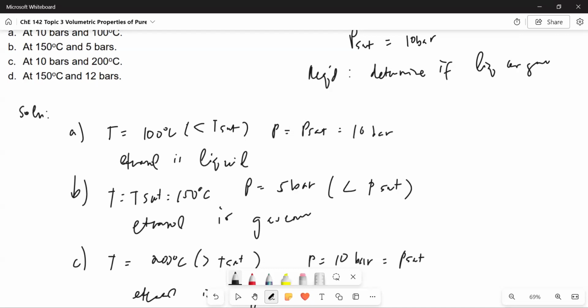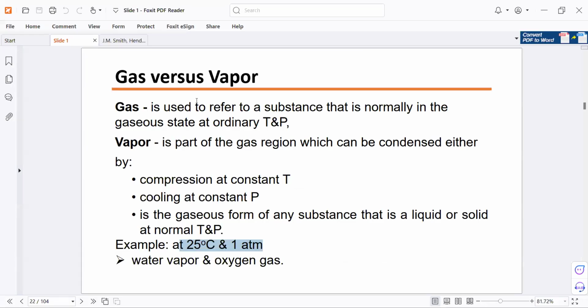For example, we have at 1 atmosphere, okay, sorry about that. Okay. So I was sharing this slide, gas versus vapor.